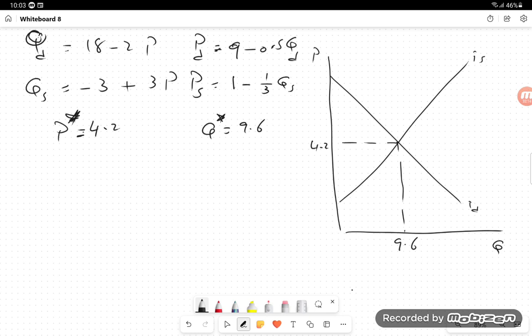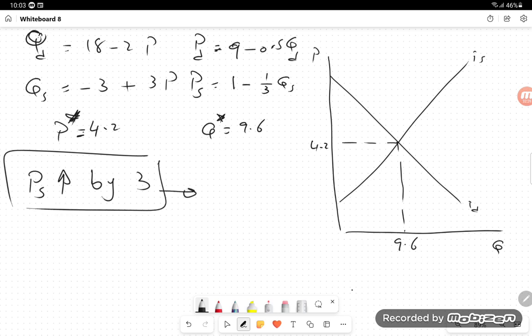In this case, supply price will increase by 3. Or in other words, the inverse supply curve shifts upward.